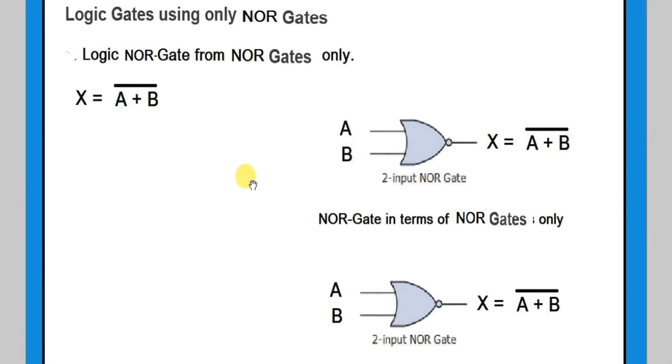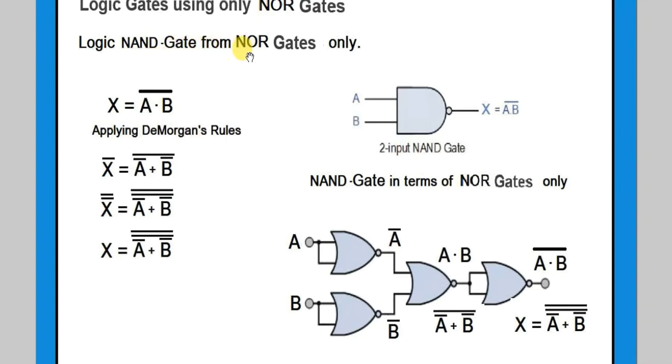Now the logic NAND gate from NOR gates. This is a typical Boolean expression for the logic NAND gate, X is equal to A and B whole complement. This is the logic diagram. Applying De Morgan's theorem, we take the complement first, converting the product into a sum with each variable complemented. Then we take the second complement, and that second complement is enough to express this. So we get A complement and B complement from the two NOR gates.